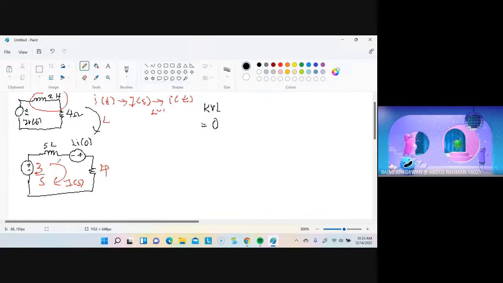So seems like contradict with your 3. So that's why it's negative 3 over S. Okay, voltage. And then plus with SL. Okay, SL is what? SL is refer to the slide. Plus SLIS.